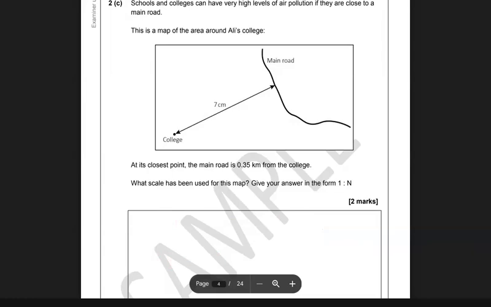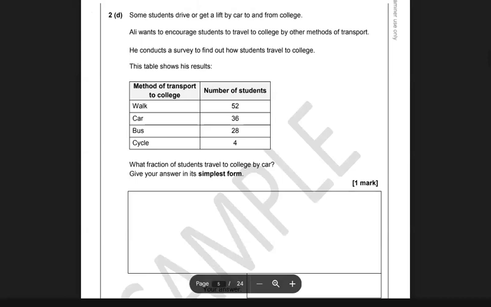So some students drive or get a lift by car to the college. Sorry, I'm going to the next question already. They now ask that Ali wants to encourage students to travel to college by other methods of transport.